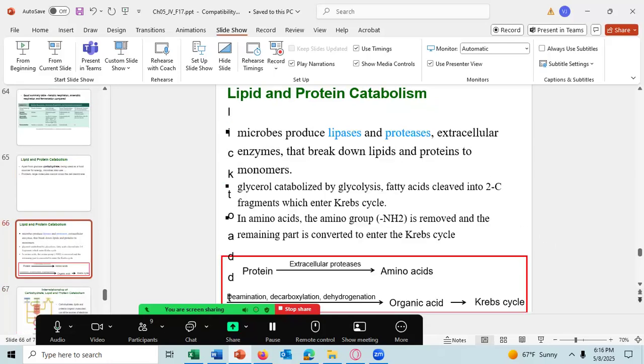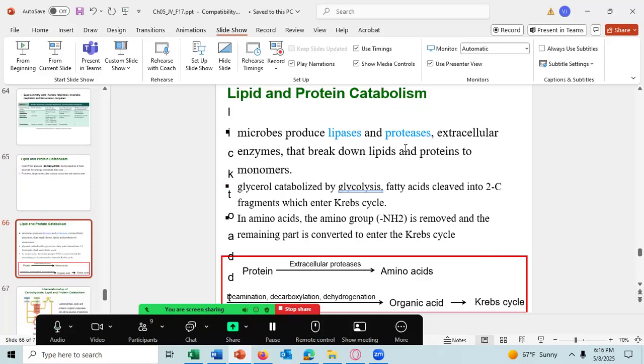So how cells digest lipids and proteins, including your gut cells, is they will excrete, meaning produce, lipases, that's something that digests lipids, and proteases, something that digests proteins, and then secrete those molecules extracellularly and digest the lipid and the protein outside the cell.